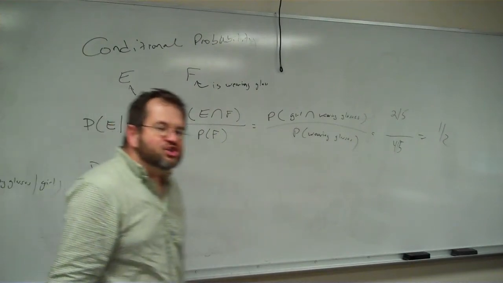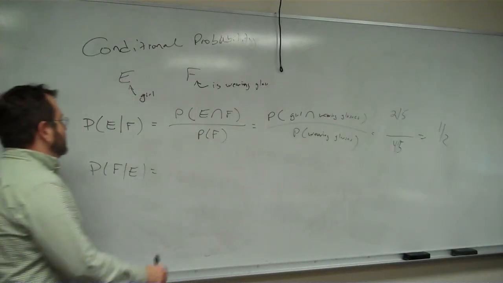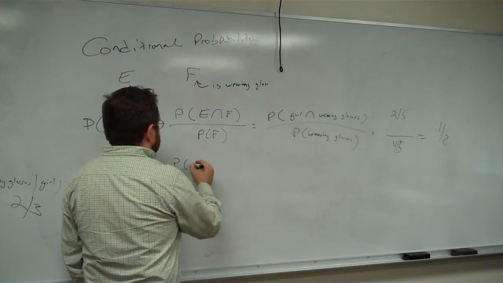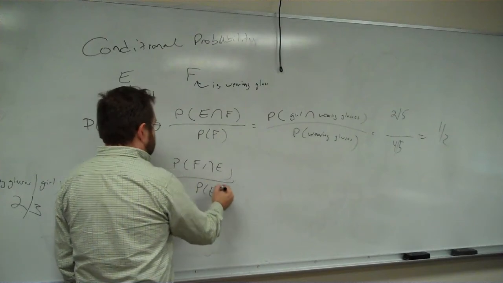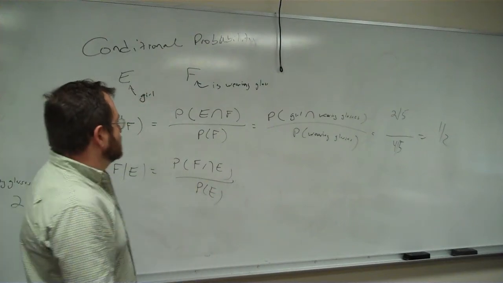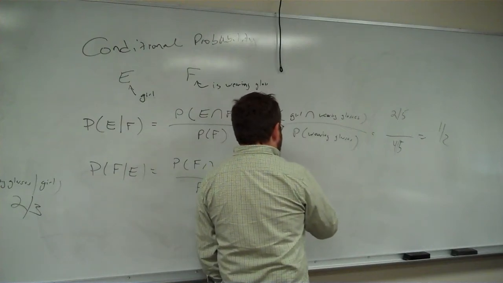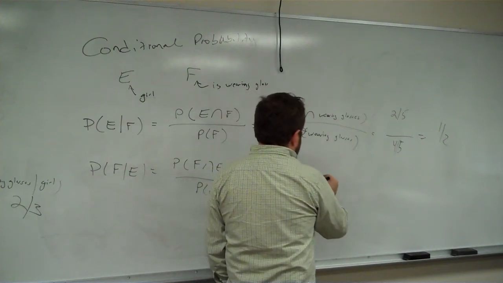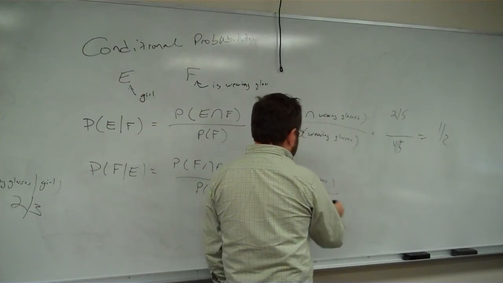Okay? So again, we could just do that by counting on our fingers, because there's only 5 of you here. But there's only 3 girls in this room, and 2 of them are wearing glasses, so our answer had better come up to 2/3. But let's check on this here. So this is going to be the probability of F and E divided by the probability of E. So it's the probability that the person is a girl and glasses divided by the probability that it is a girl.